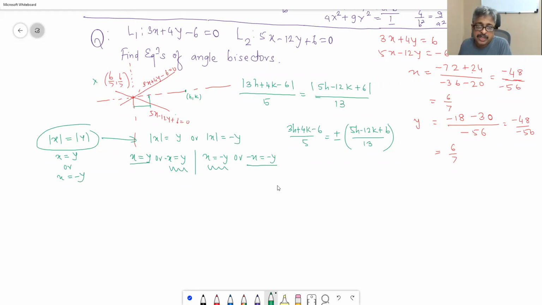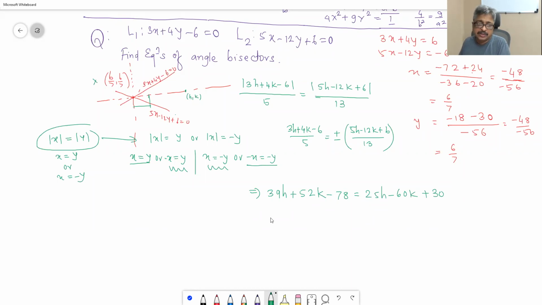So without mistake, I am supposed to do calculations, and hence I start doing 13 times the left side, 39h + 52k − 78, is equal to, I am taking plus first, 25h − 60k + 30.